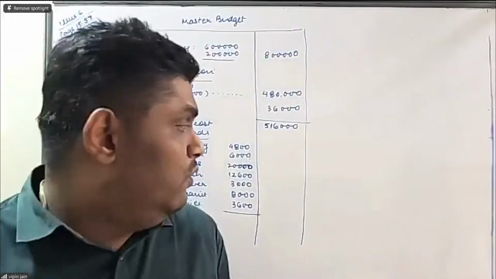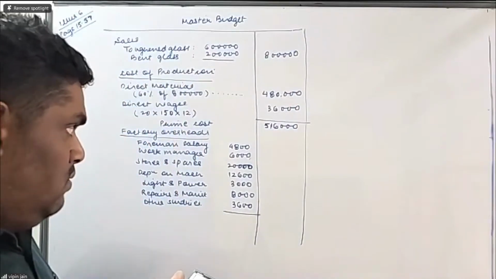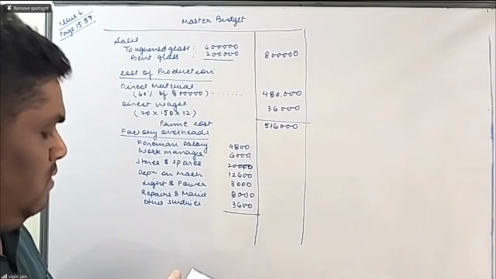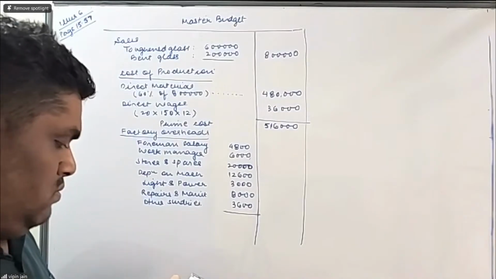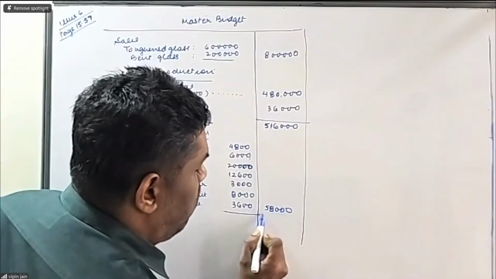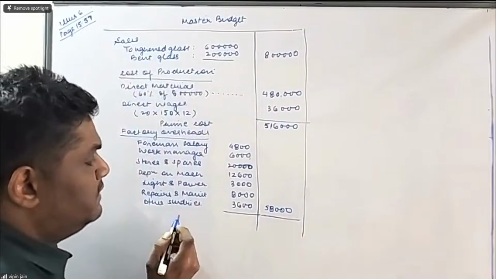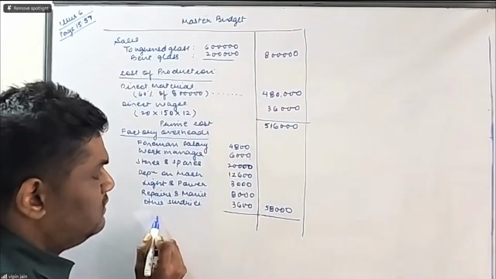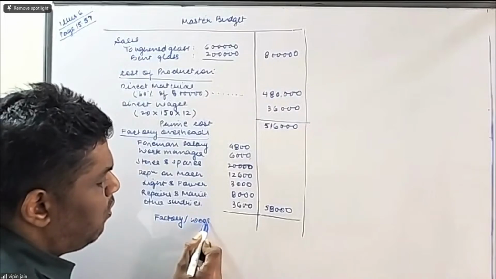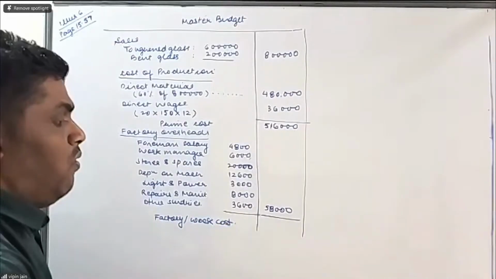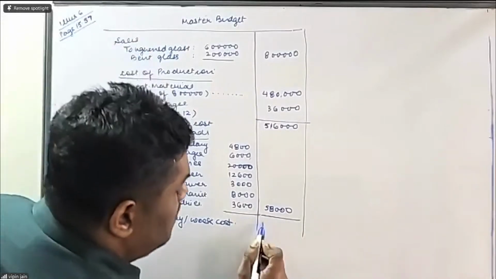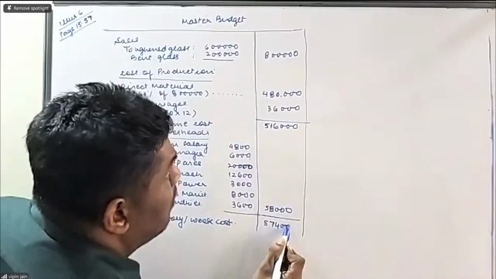So my total factory overheads will be 58,000. So we'll get the factory cost or work cost, which will be 5,74,000.